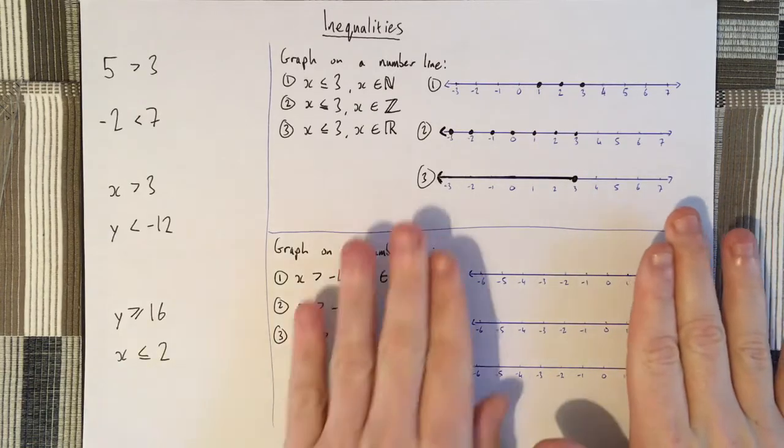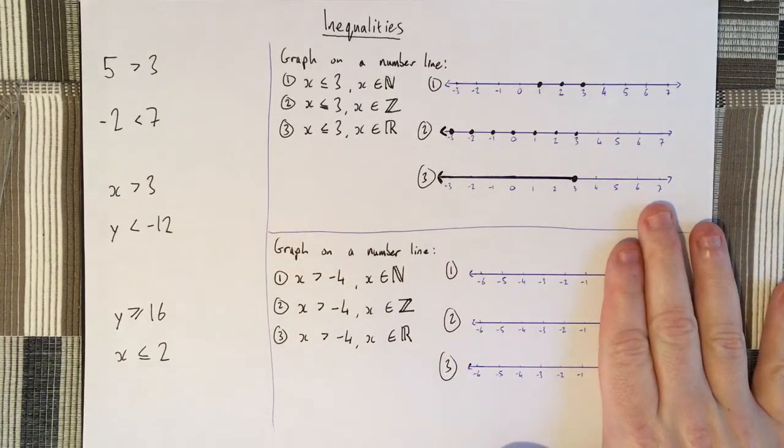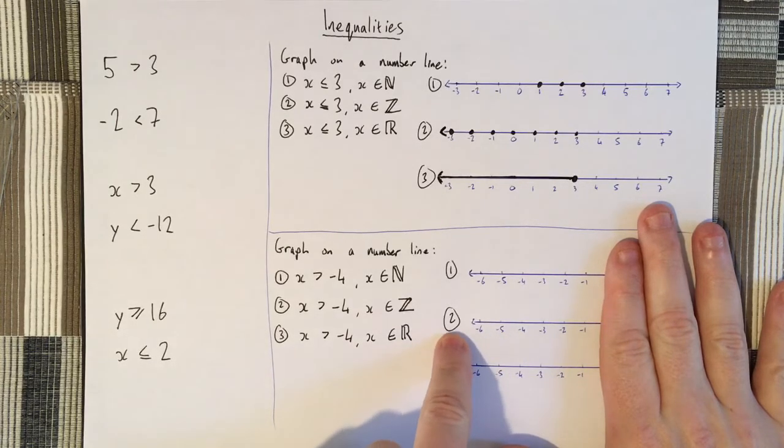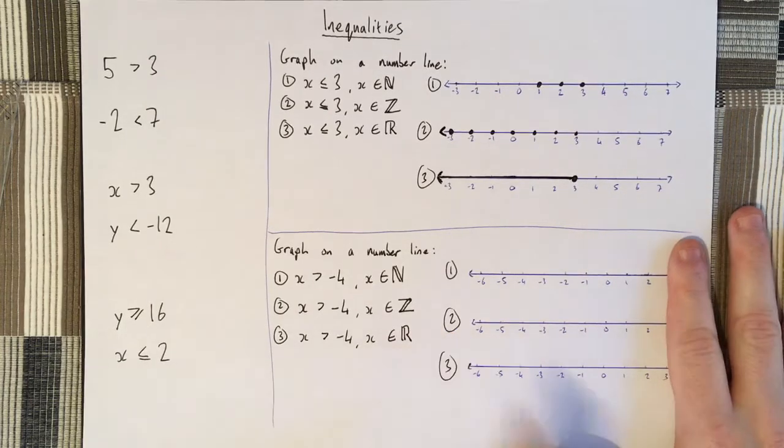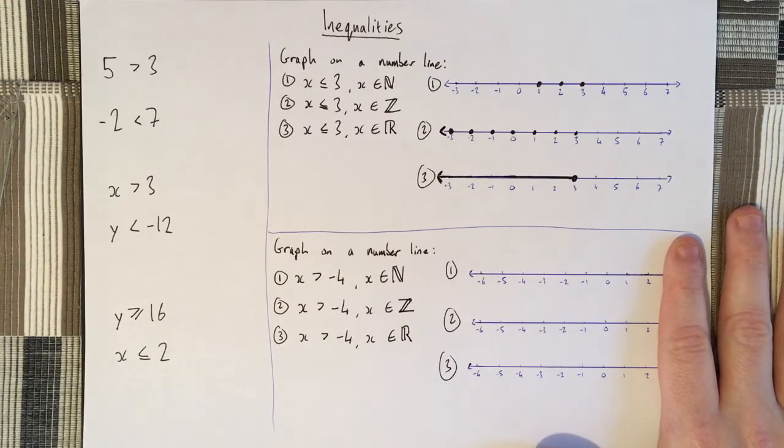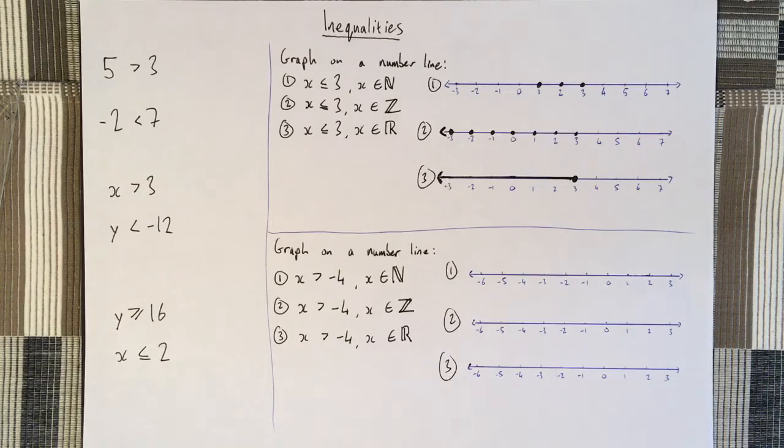Like if you only did -4 as far as -1 on your number line, you wouldn't be able to give yourself the opportunity to know how to do question 2, for example. Okay, so definitely go up and include a couple of positive numbers. So if you were drawing that, I would go down as far as -6 and at least up as far as 2 when I was drawing it. I've gone up as far as 3.